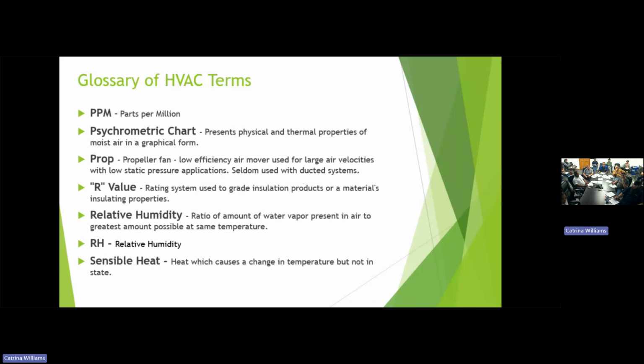R value, that's a rating system used to grade insulation products or the system itself. So you've got an R value in your insulation on the ceiling and your walls, whatever it might be. Even the windows have an R value rating. That's just a value that we can look at and compare to see how well something is insulated.